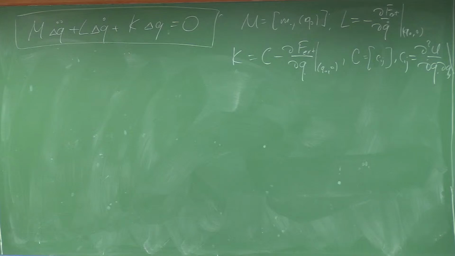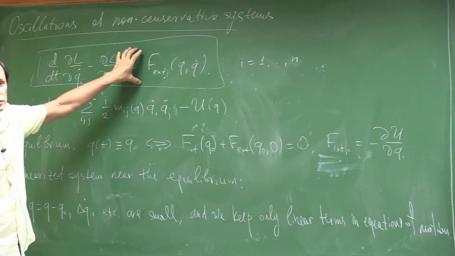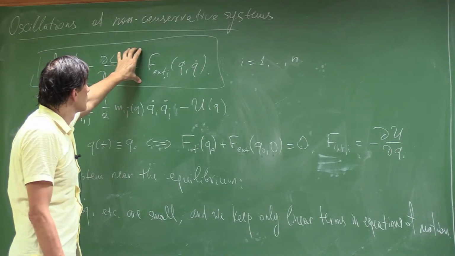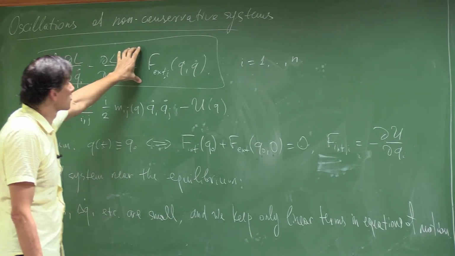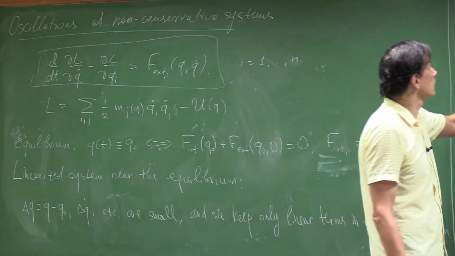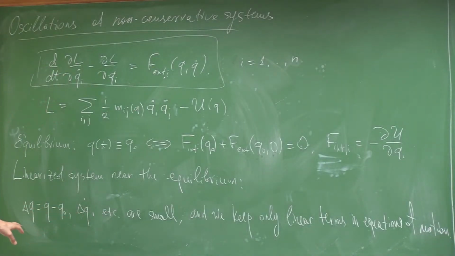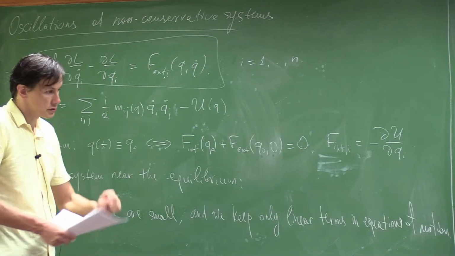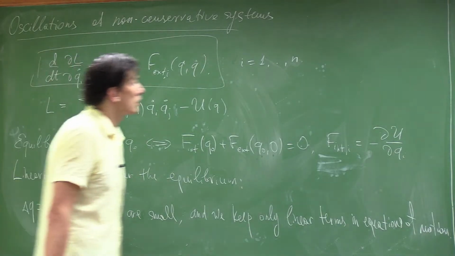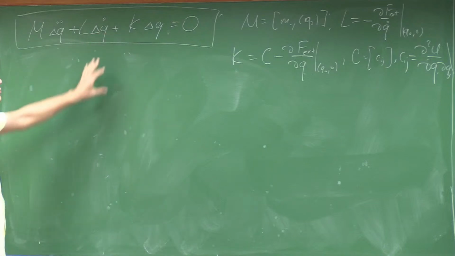So okay, that's what we have, and the idea is that we cannot solve the original system, and we even still don't understand all the properties of these general nonlinear systems. But if we assume that we are near the equilibrium, so all the deviations are small, so it's just small oscillations near the equilibrium, then we approximate this system by the linearized system, and this system we can solve.